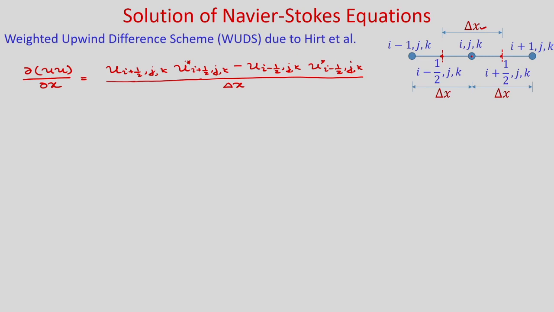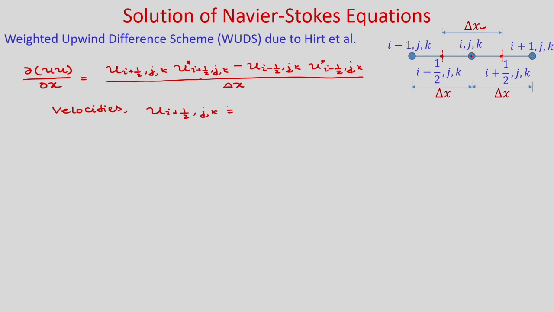For the u star quantity we will use some convection scheme, and for u(i+1/2, j, k) we will just take the average of the velocities at i, j, k and i+1, j, k. So, at this point we will just use the average value, taking the values from i, j, k and i+1, j, k.